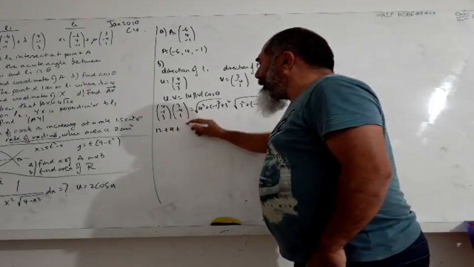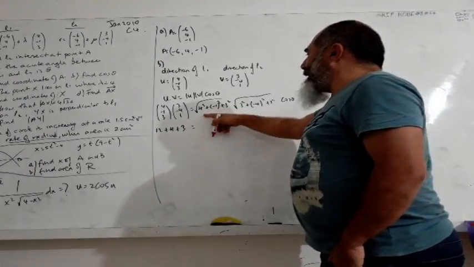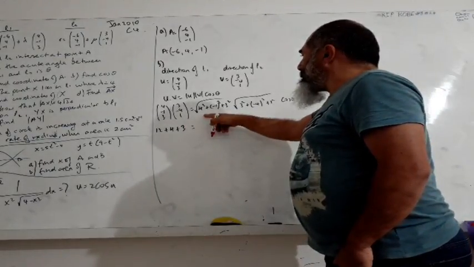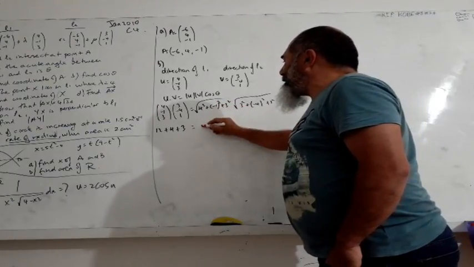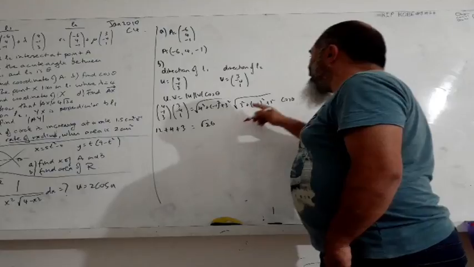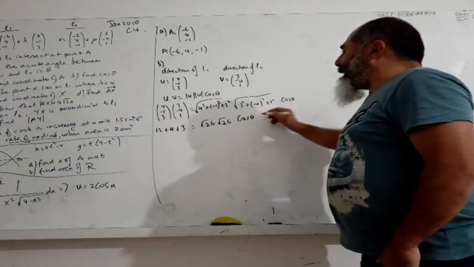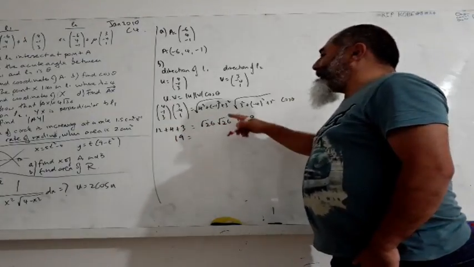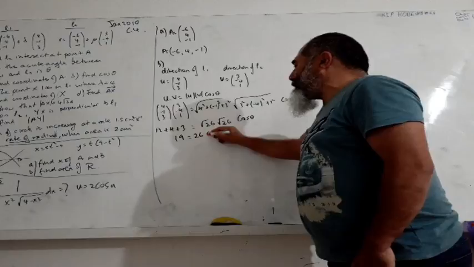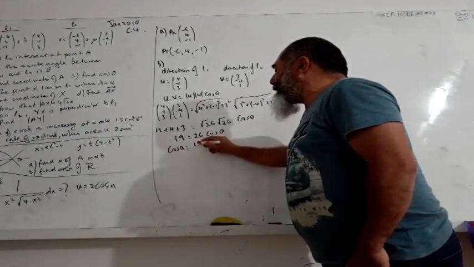Here we have 16, 17, and 26, root 26, and another root 26 there, cos theta. This is 19; root 26 times root 26 is 26 cosine theta, so cosine theta is equal to 19 over 26.